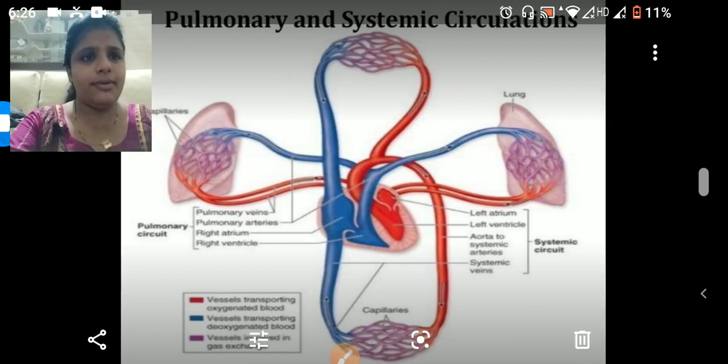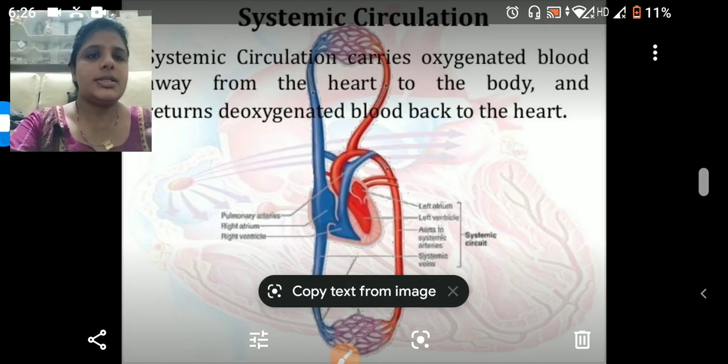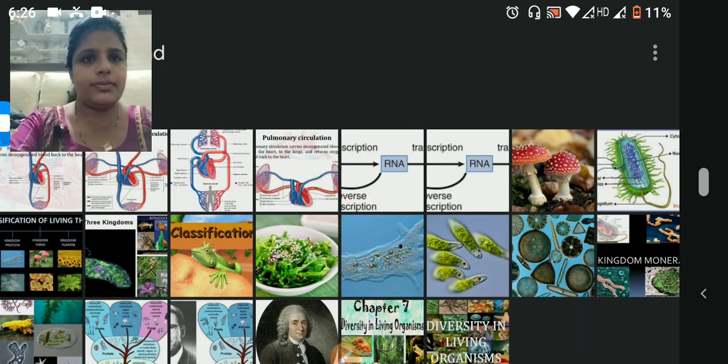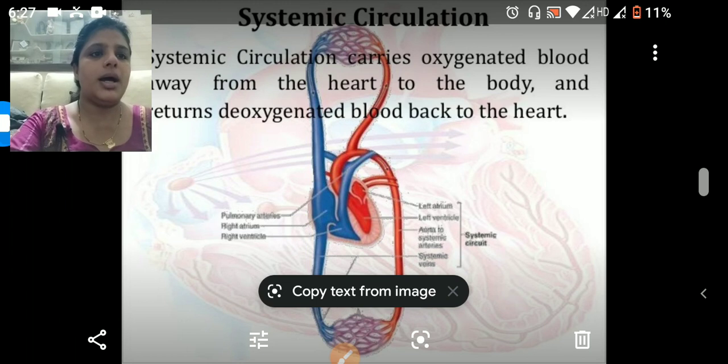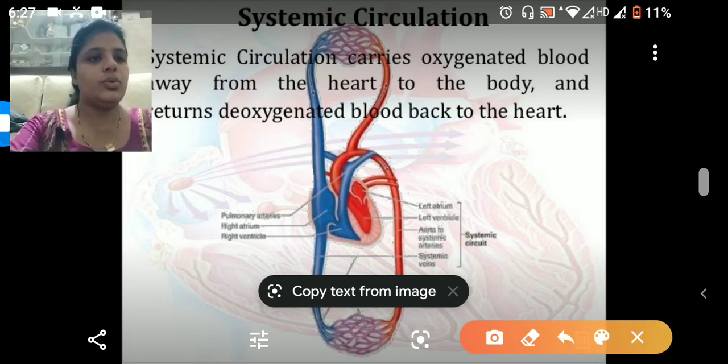Now let's have a look at systemic circulation. Systemic circulation carries blood away from the heart to the body and returns deoxygenated blood back to the heart. Look in the diagram. Systemic circulation starts from the left ventricle.